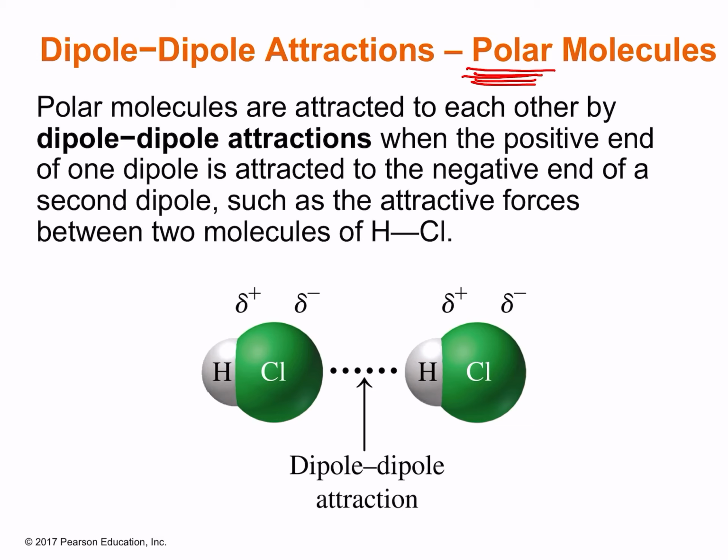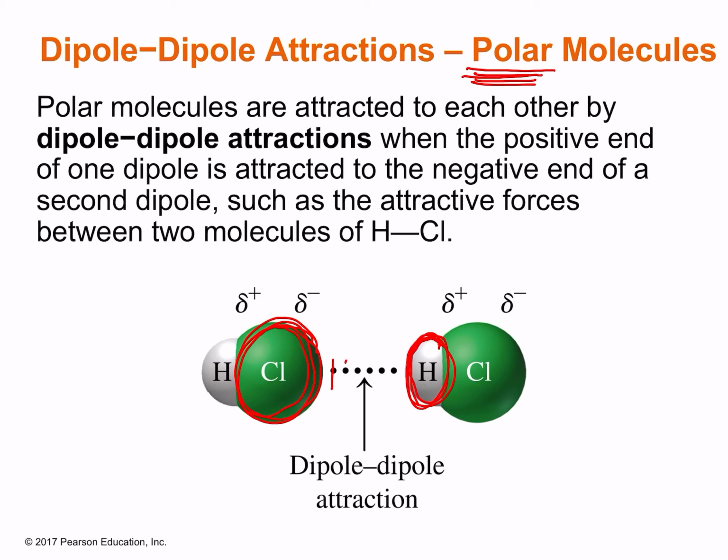So polar molecules are attracted to each other by dipole-dipole attractions. This dipole-dipole attraction happens when the positive end of one dipole, like this, is attracted to the negative end of another dipole. So the positive part of one polar molecule is attracted to the negative part of the other molecule, because we know positives and negatives attract.